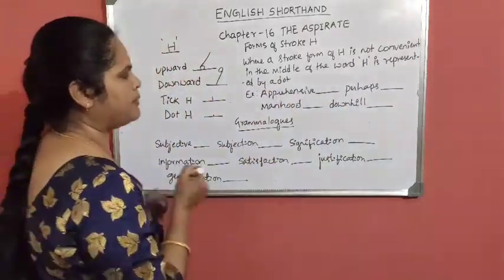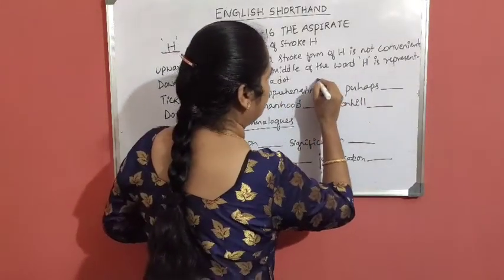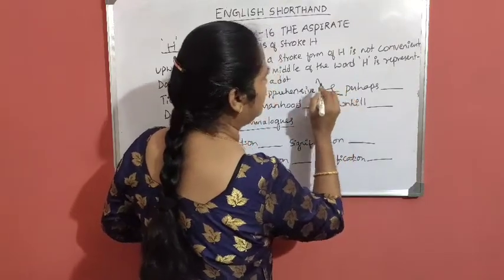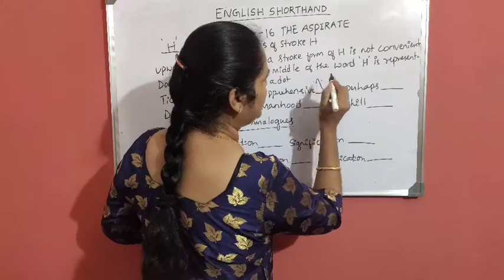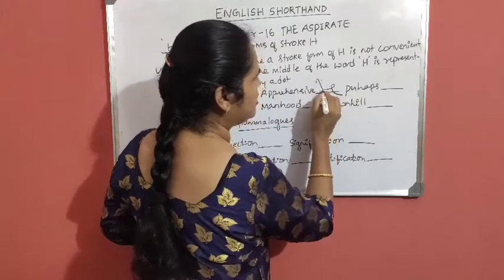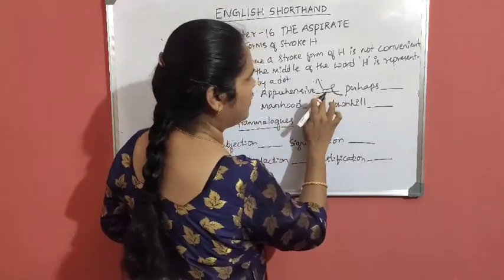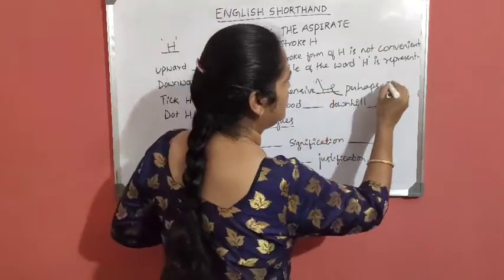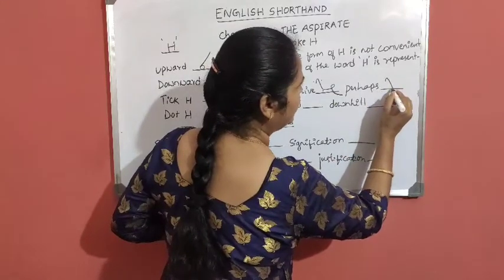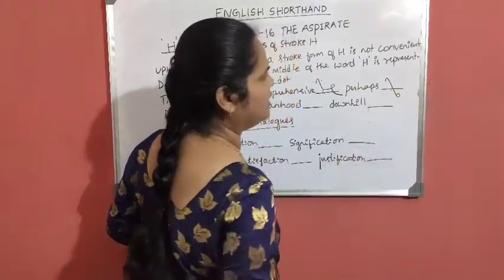Example, apprehensive, per, N, S, then V. Here, apprehensive, for H, this dot we have to use. This dot represents H, apprehensive. Then perhaps, per, P is for H, we have to use a dot here.